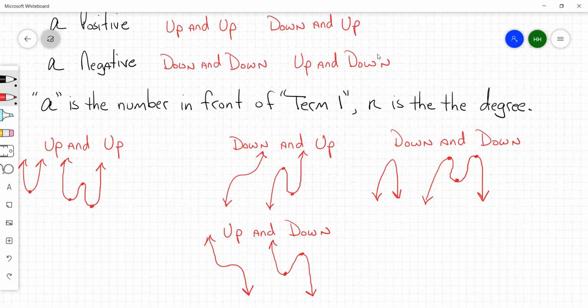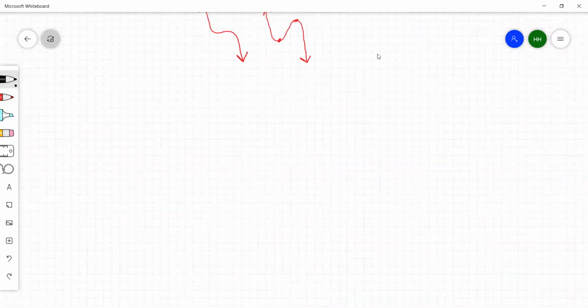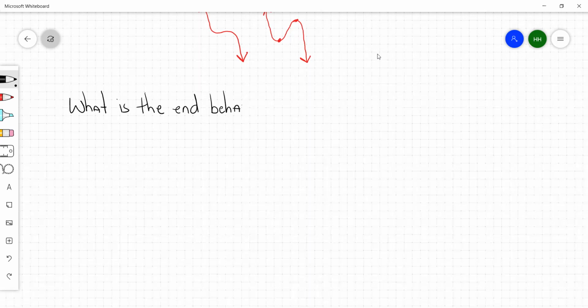All right, so let's do a couple of these as well. Let's consider the leading term of the function. What is the end behavior? Y equals 4x to the third minus 3x.